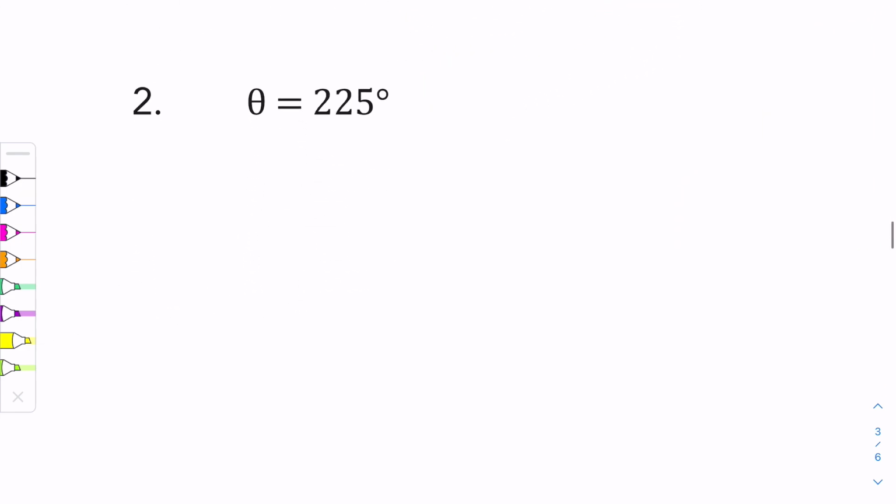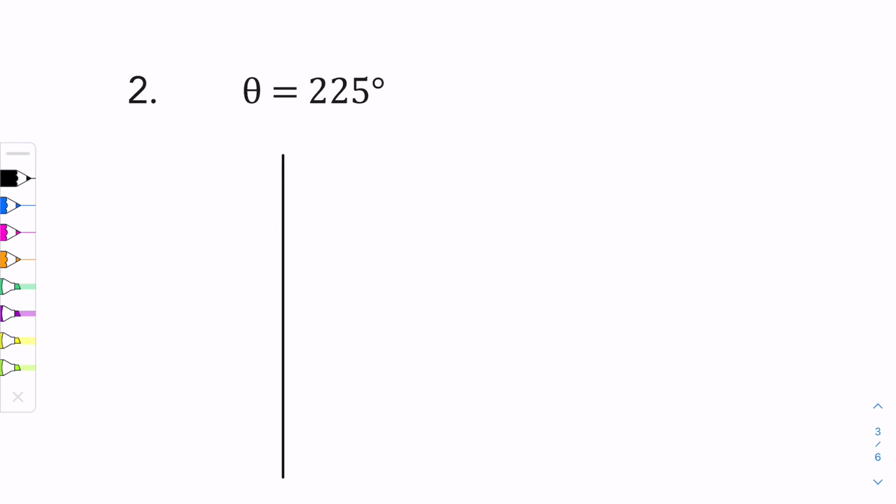Okay, next we're going to look at the angle of 225 degrees. So same thing, we're looking to find our sine and cosine value of 225. So I'm going to start by sketching the coordinate plane. And I'm going to sketch 225 degrees, which lies 45 degrees past 180.